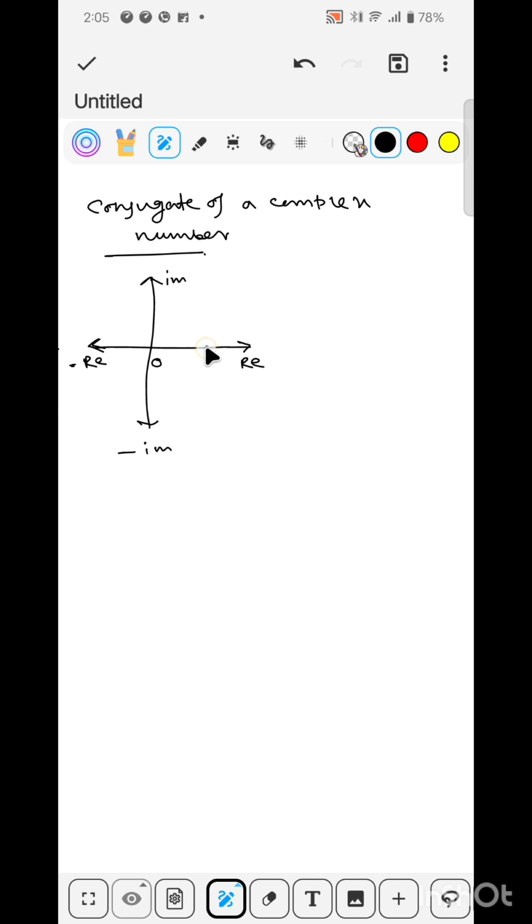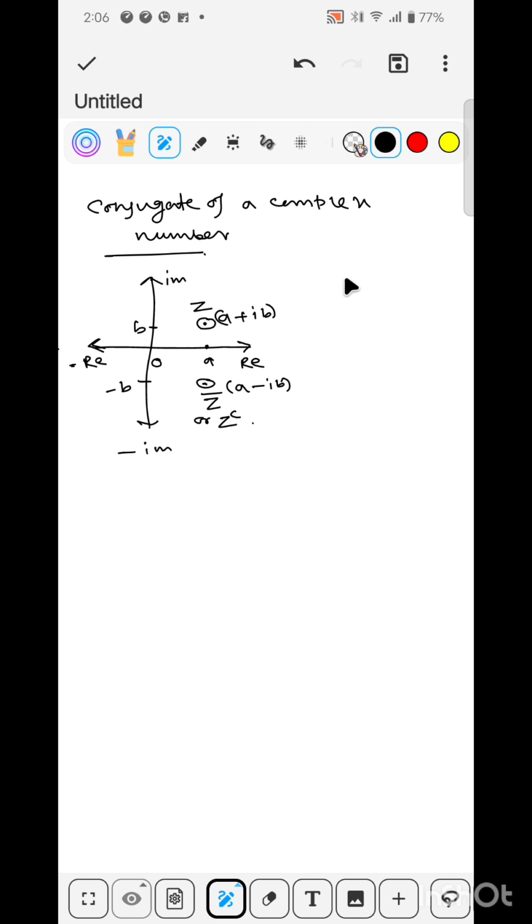If it is denoted by a and it is b, and then it is minus b, and this is minus b at the same distance. Then if it is a plus ib, then at the same distance here a minus ib, it is known as conjugate. If it is denoted by z, then it is denoted by z bar or zc.